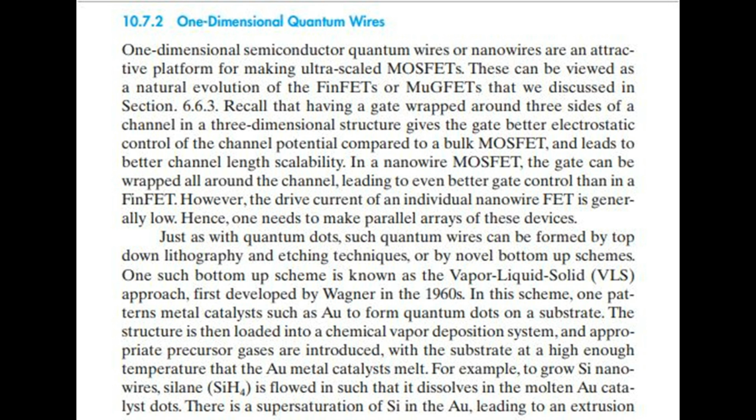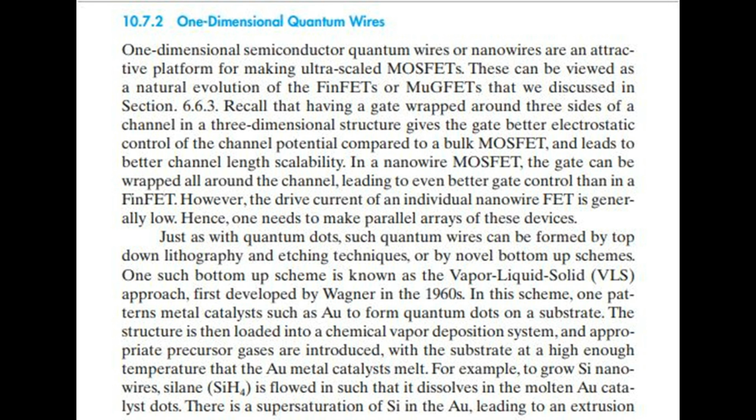In this scheme, one patterns metal catalysts such as gold to form quantum dots on a substrate. The structure is then loaded into a chemical vapor deposition system, and appropriate precursor gases are introduced, with the substrate at a high enough temperature that the gold metal catalysts melt. For example, to grow silicon nanowires, silane, silicon tetrahydride, is flowed in such that it dissolves in the molten gold catalyst dots.